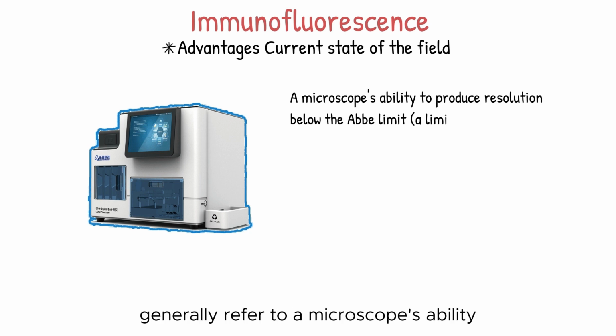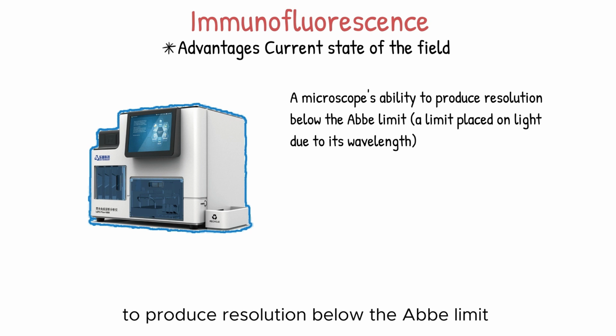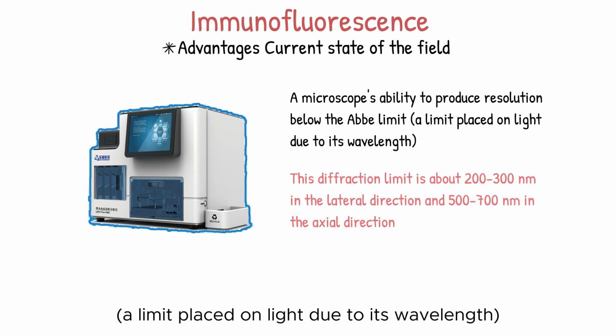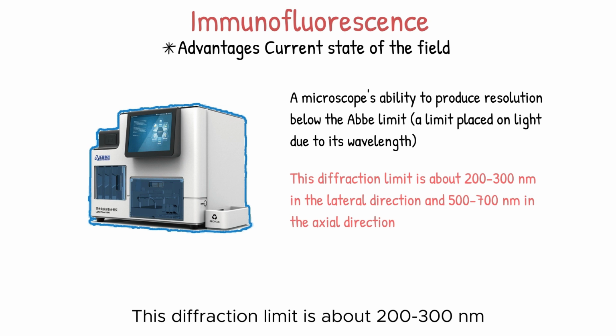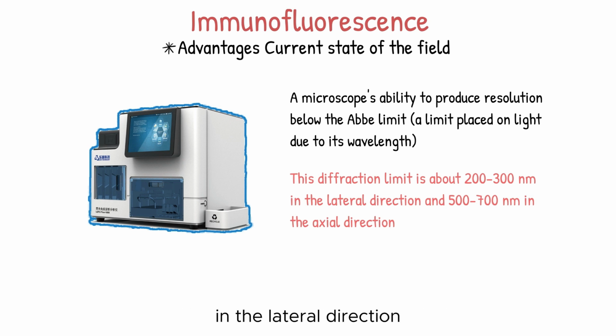Super-resolution methods generally refer to a microscope's ability to produce resolution below the Abbe limit, a limit placed on light due to its wavelength. This diffraction limit is about 200 to 300 nanometers in the lateral direction and 500 to 700 nanometers in the axial direction.